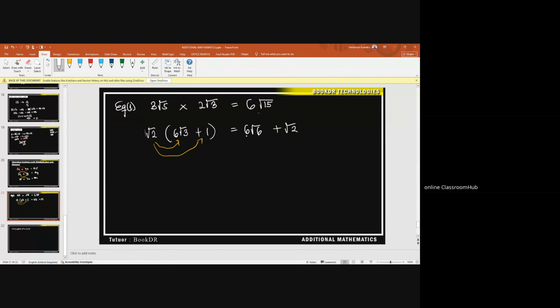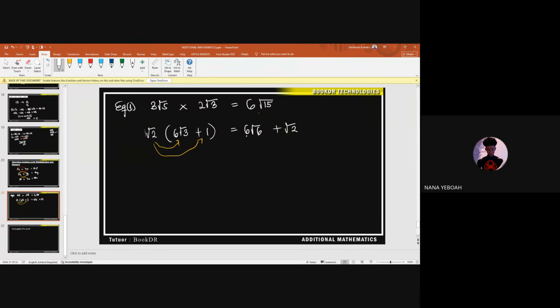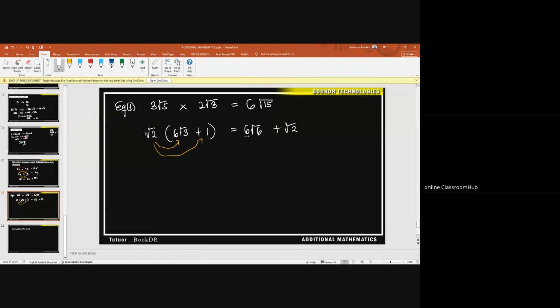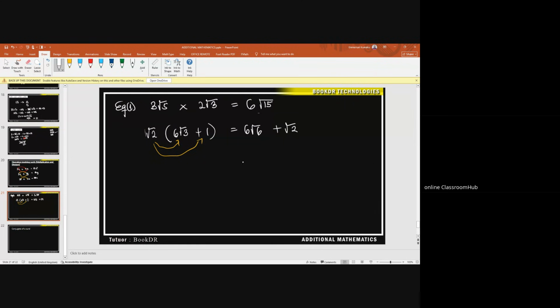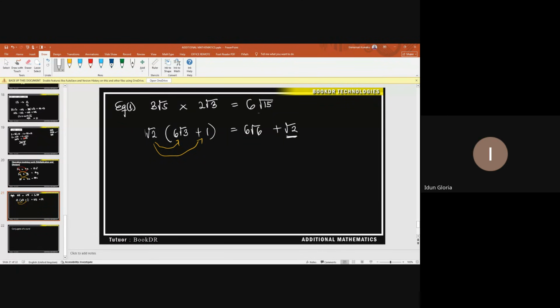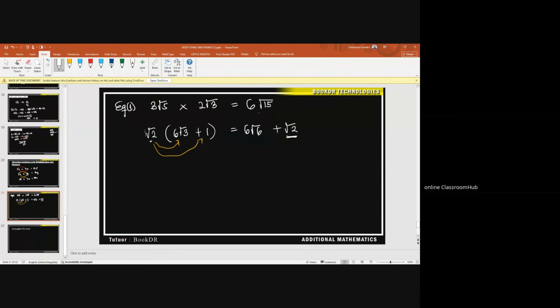Nana Yabua's hand is up, so let me listen to Nana Yabua. Okay. Oh, sir, sorry, it was a mistake. Gloria, let me listen to you. Sir, please, how did you get the square root of 2? Where? Here? Is it this one? No, please, the first one.